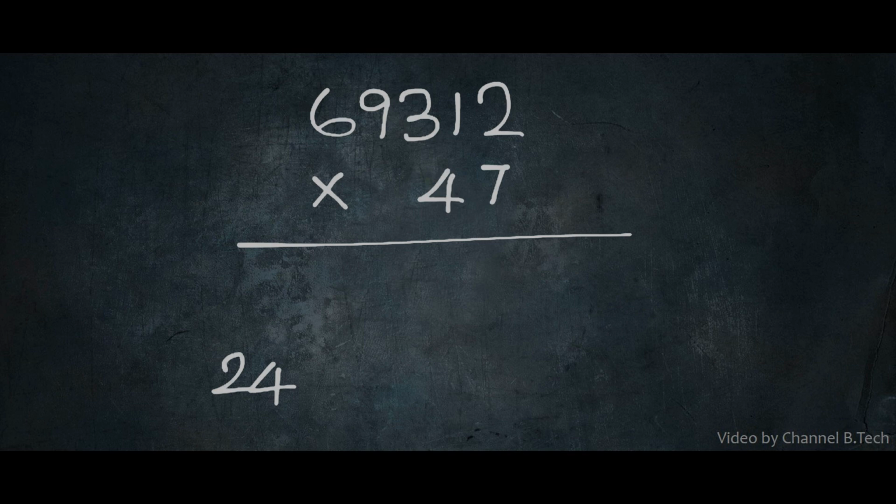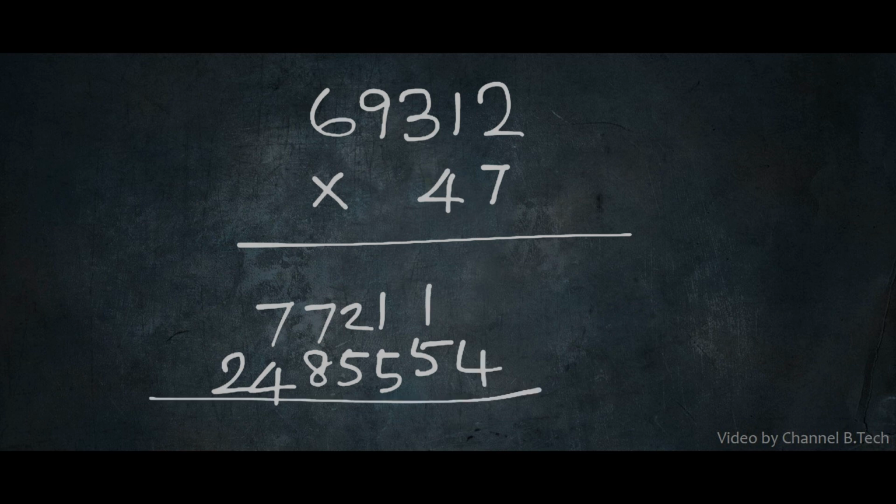That is 42 plus 36 is 78. 9 into 7, 63 plus 12 is 75. 3 into 7, 21 plus 4 is 25. 1 into 7 plus 2 into 4 is 15. 2 into 7 is 14.